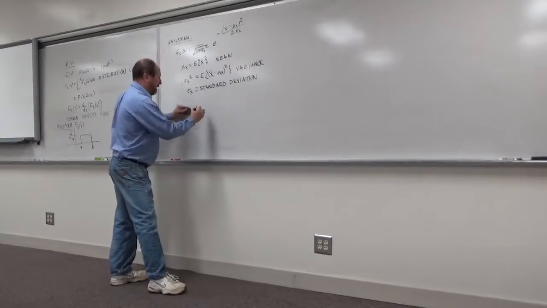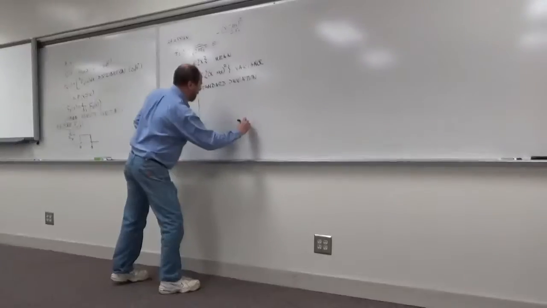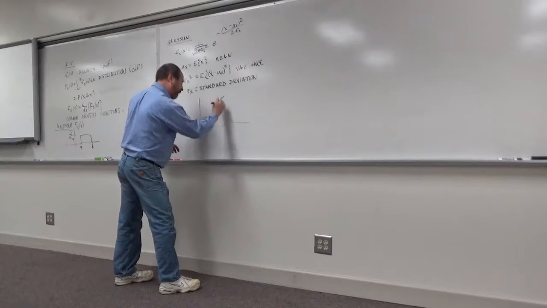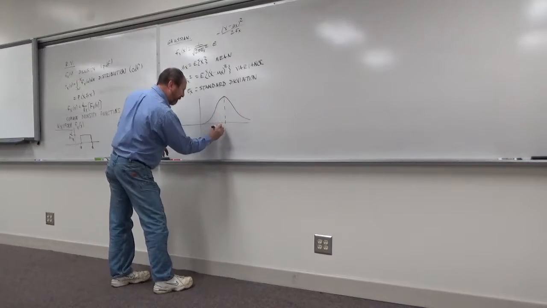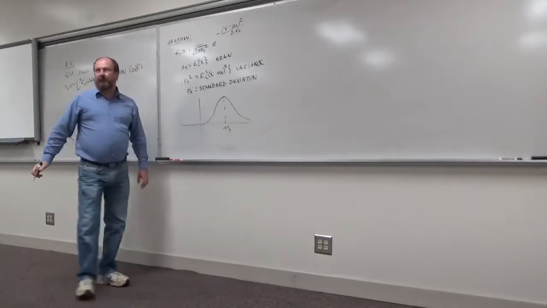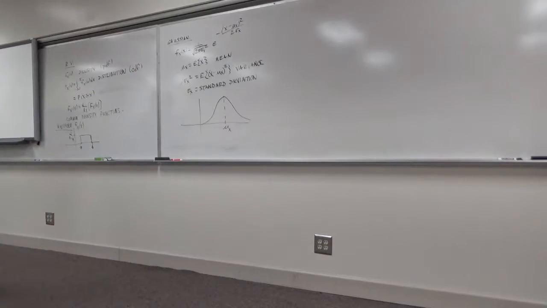In general, it would not have a mean of zero. So let me draw it in general, like this, and the center point there is mu sub x, and sigma is a measure of how spread it is about the mean. In other words, low variance would mean it's narrow and very peaked. High variance would mean it's very spread out. Okay?